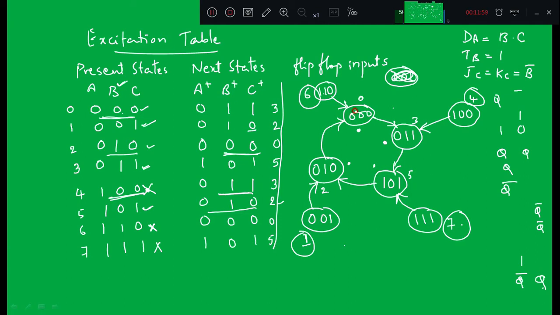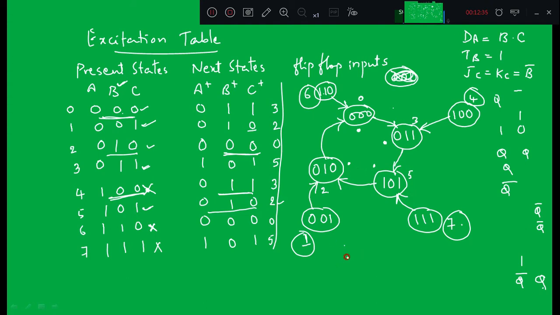Even if the sequential circuit enters these invalid states, by some mistake in the circuit or a mistake by the user, the circuit is automatically going to correct itself and enter the valid states.